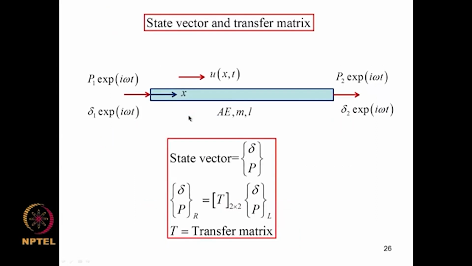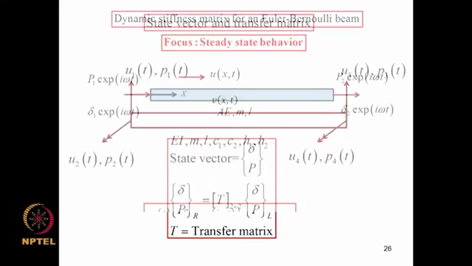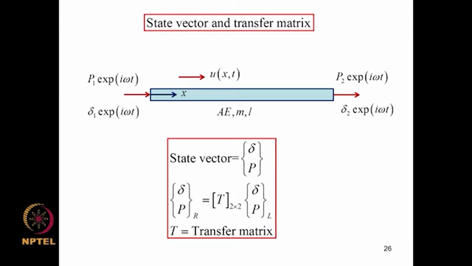So, that leads us to the definition of the dynamic stiffness matrix that we derived for the Euler-Bernoulli beam, and we also considered an alternative representation in terms of transfer matrices briefly.